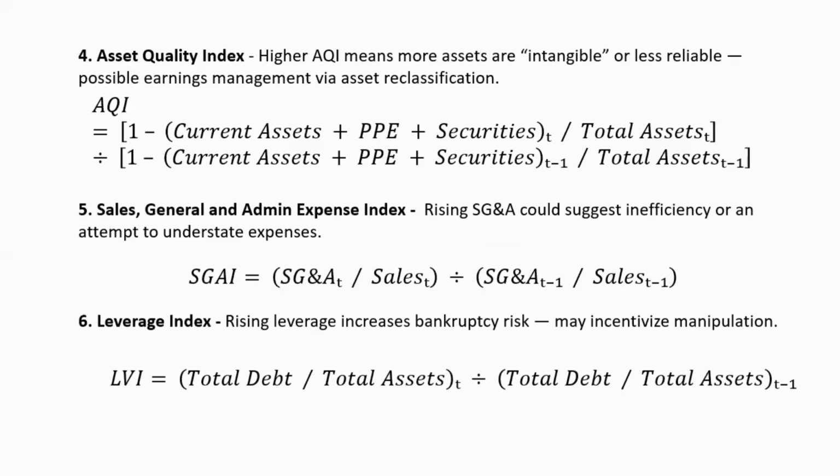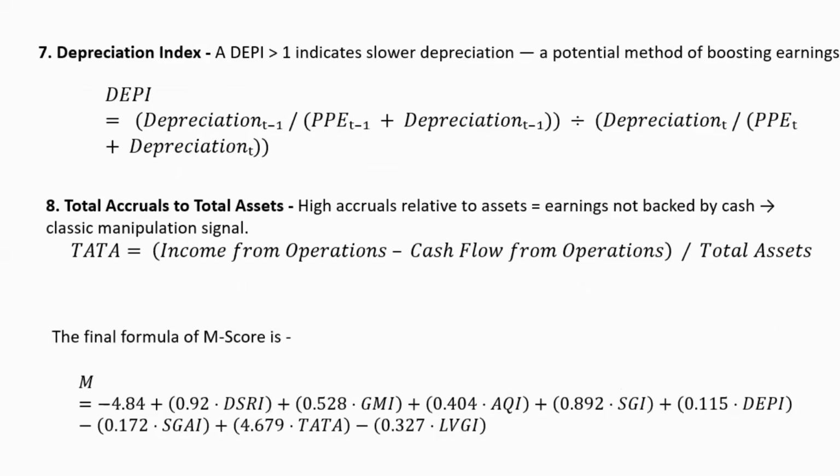Sales, general and administrative expenses index is where the company is trying to understate expenses. And leverage, where we look at total debt. What companies do is they underreport debt compared to the actual debt in the company. If that is indeed the case, then you will use this ratio. The final 2 ratios are depreciation.